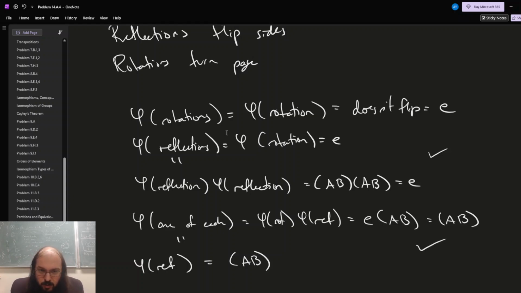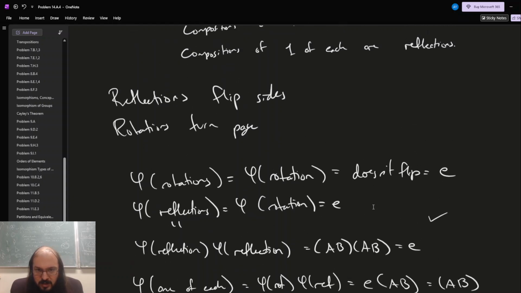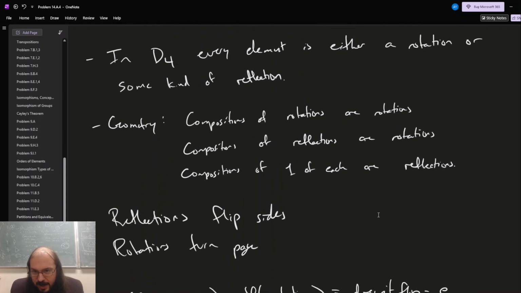The last thing we have to do is identify the kernel, and I've basically done that. I just didn't say it. The kernel is the set of things that map to the identity. And well, rotations simply turn the page and therefore do not flip the side. In other words, they map to the neutral element of S2.